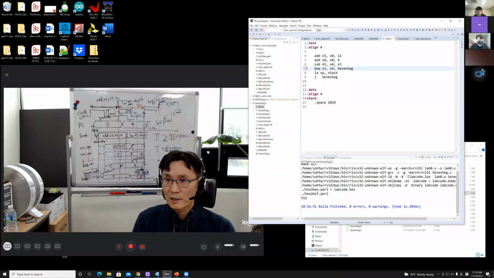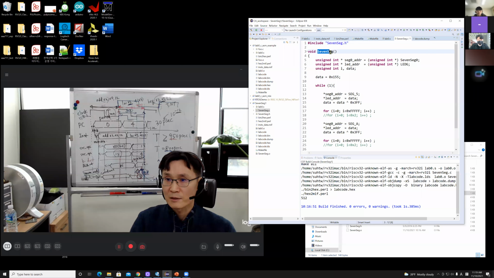If it does not go, then they are equal. X3 and X4 are 12 and 4, not equal, so it is taken and goes to 7 sec, which is that function. Okay, so let's test that code.